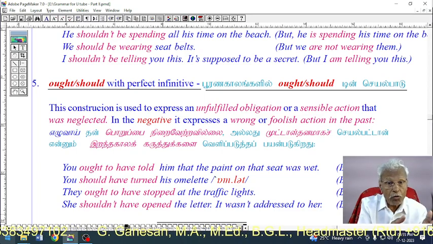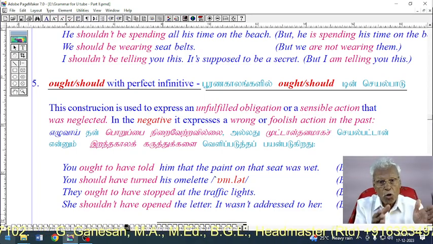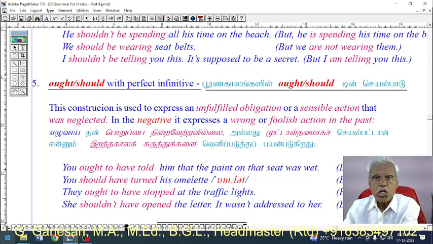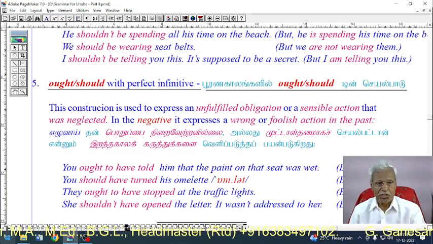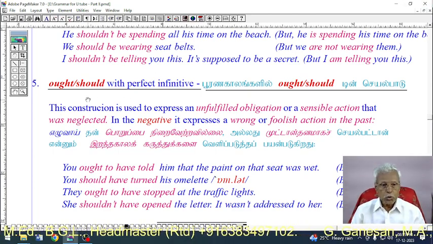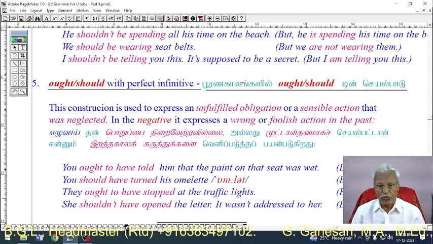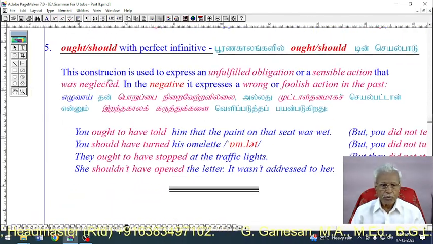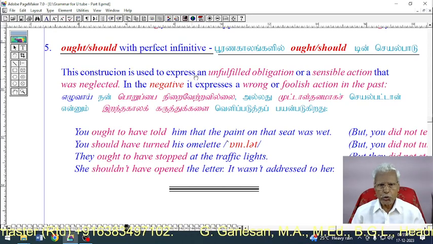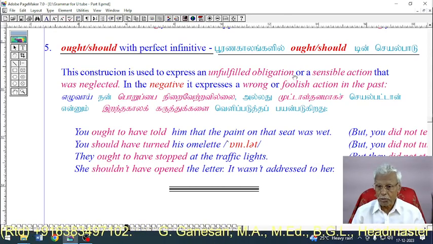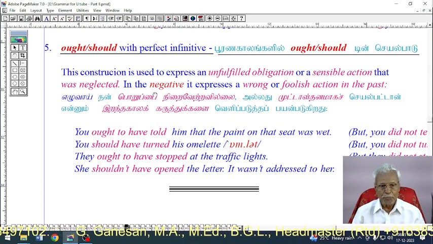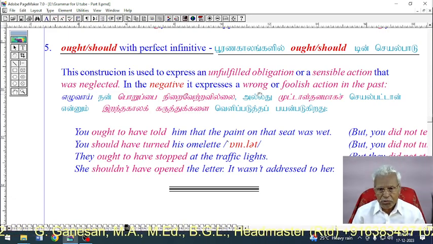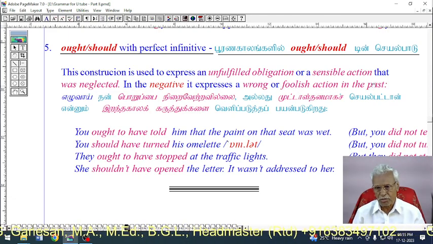What should not have been done has been done. To express this idea, we use should with perfect infinitives. This construction is used to express an unfulfilled obligation or a sensible action that was neglected. In the negative, it expresses a wrong or foolish action in the past.